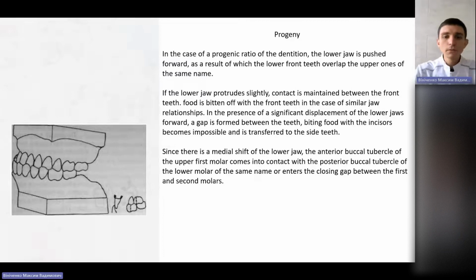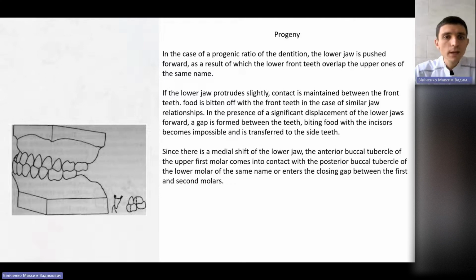If it is a functional pathology, the prognosis of our treatment is good. So there are two big types of this pathology: the functional and the skeletal.